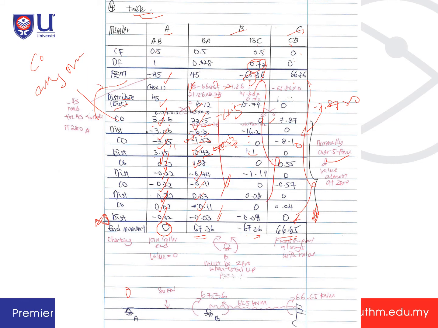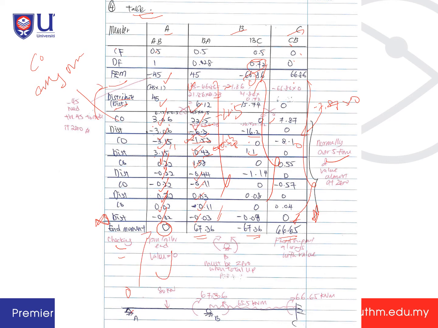So what you have to do now is check whether your answer is correct or not, for what you did from step 1 until step 4. For checking, you can see that support A is a pin support. At a pin support there is actually no moment, so when you get 0, it is correct.